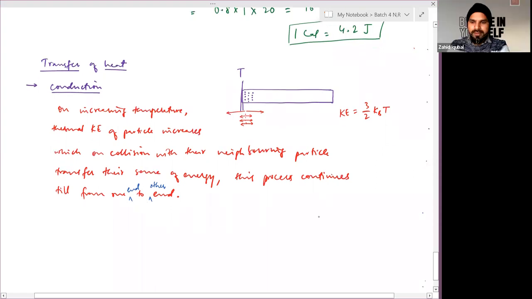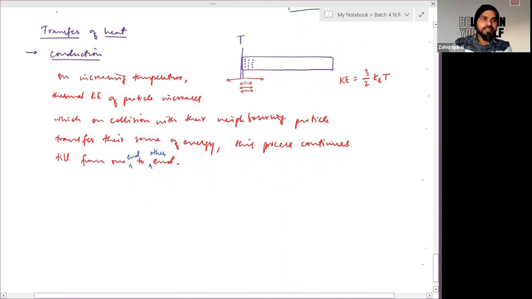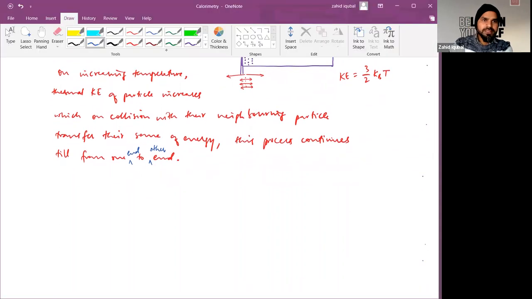Okay. Now, for this particular conduction, let me define: the basics of electricity you must have learned in class 10th.